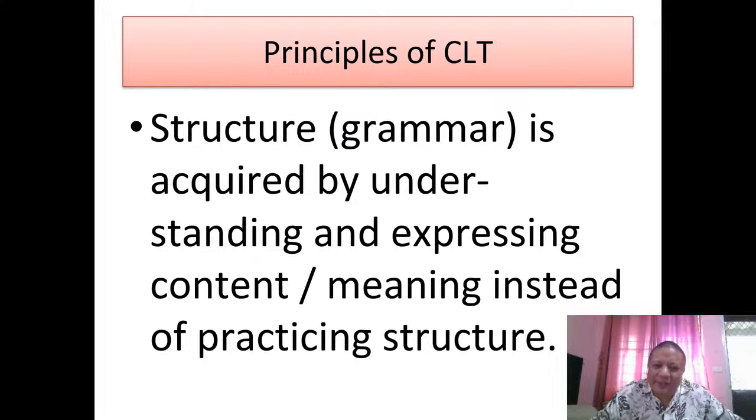But in CLT, communicative language teaching, grammar is acquired by understanding and expressing meaning. So it's counterintuitive. You acquire the structure not by focusing on the structure, but by actually trying to use the structures for meaningful communication.